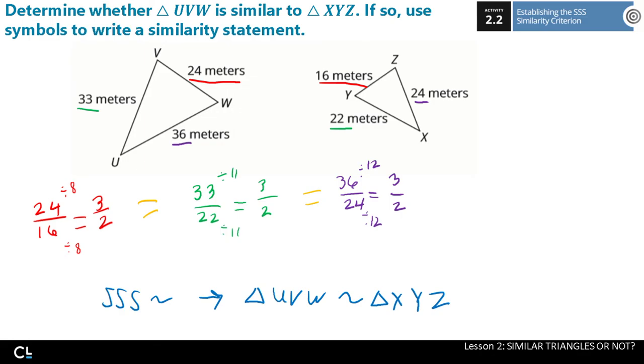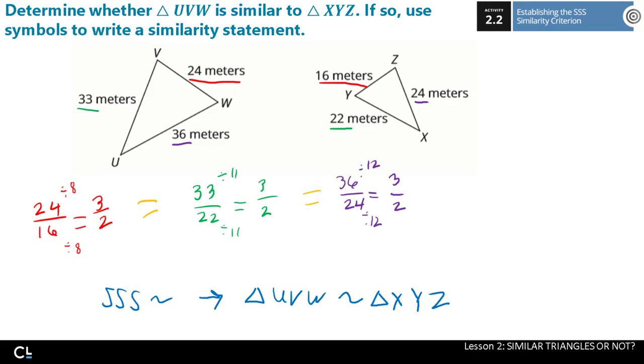Once again, this is different from what we've been doing because we're not saying that these sides are congruent, right? Obviously, 24 meters doesn't equal 16 meters, right? 33 doesn't equal 22. 36 doesn't equal 24. Obviously, these triangles are not the same size. They're similar, right? They're the same shape, different sizes, which means that their sides are proportional.